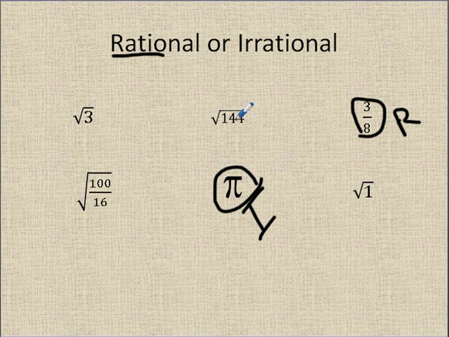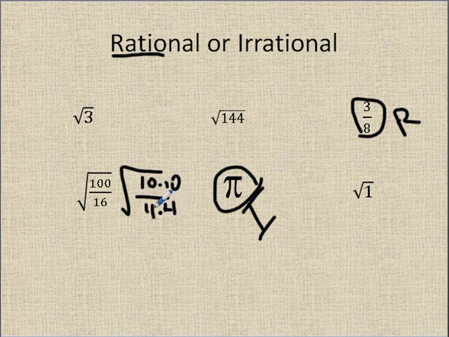Let's try this one because this one looks a little scary, but let's not let it be. Is 100 a perfect square? And it is. It's 10 times 10. How about 16? Yes, it is. It's 4 times 4. So I can simplify this.